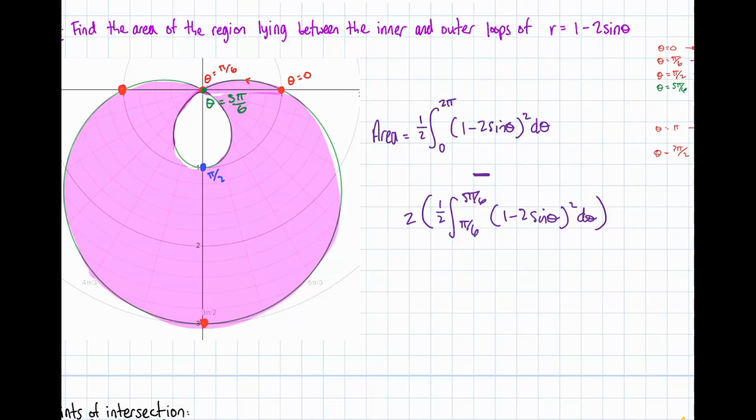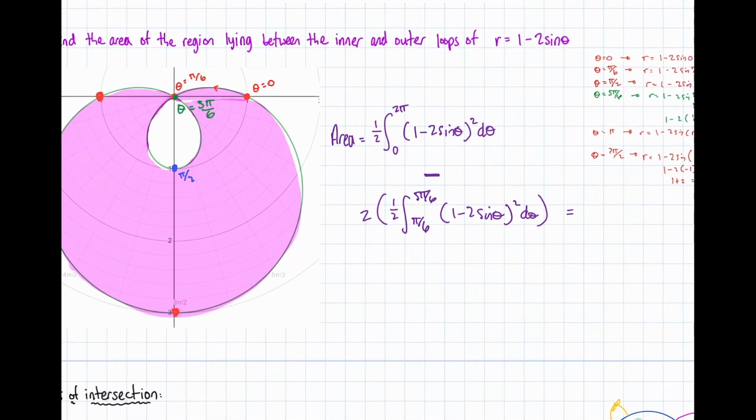What that will do is that takes this pi over 6 to 5 pi over 6 and it subtracts it 2 times. This is once, which happens the first time I pass through. It captures all the area. And then the second time I pass through, it captures it again, and I don't want any of it, so I'm going to minus it twice. And that should give me my total area equals.